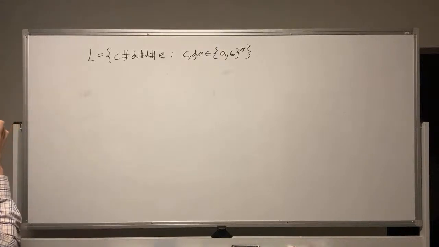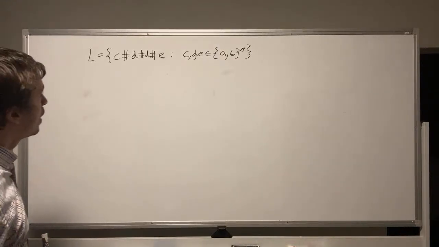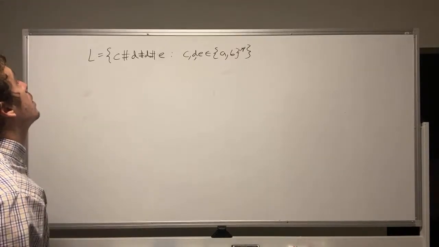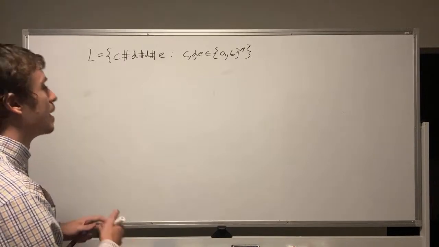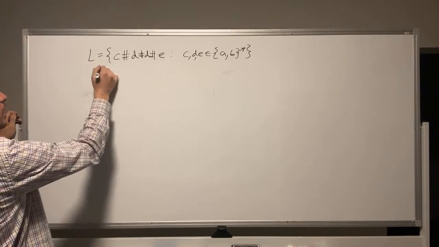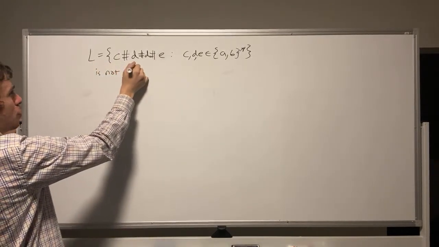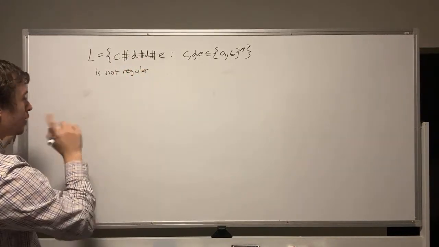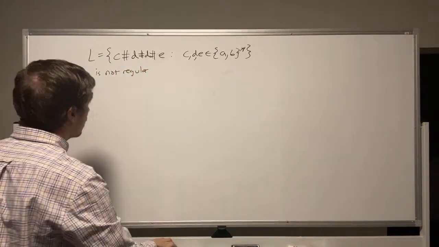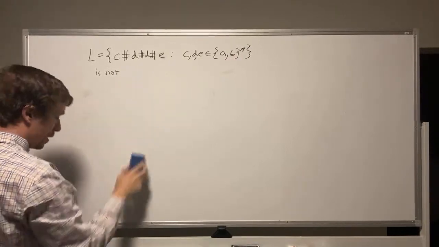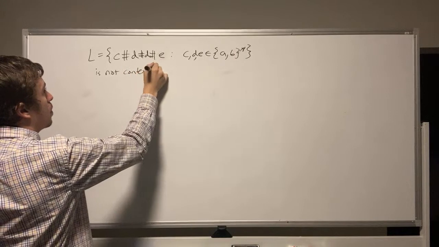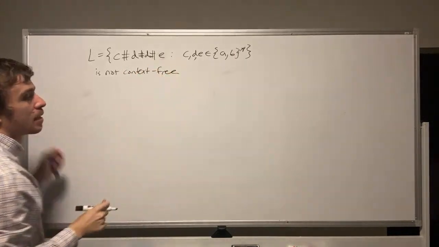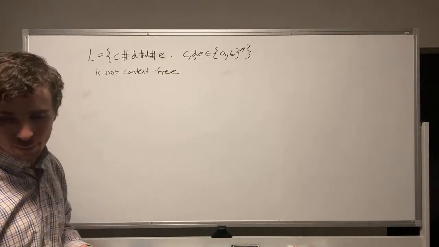All right. So this is not regular. I'm trying to think of the most efficient way to prove this. Okay, I see. It's actually not context free either. Actually, let's do not context free, because if we show it's not context free, then it would automatically prove that it's not regular too.